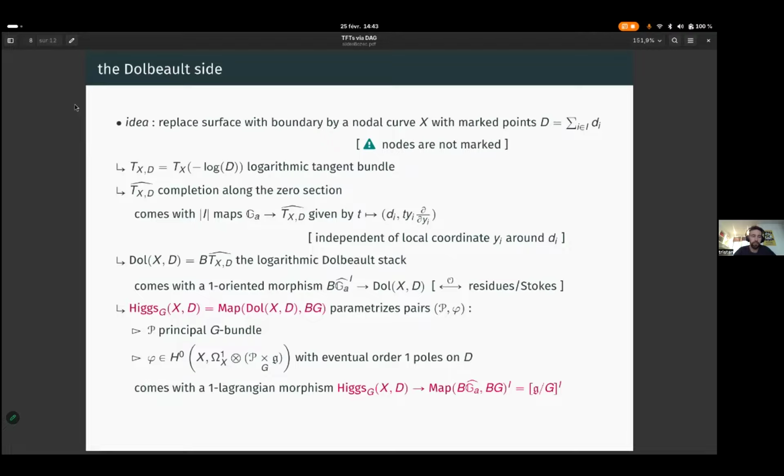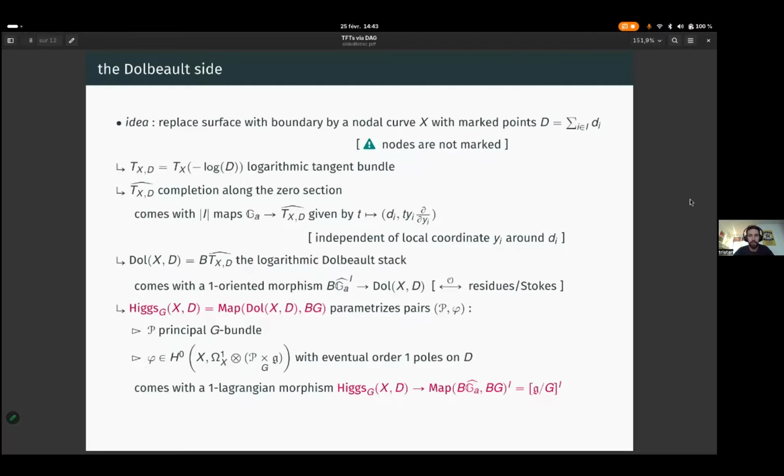The idea is that we will first not work with topological spaces, but go into algebraic geometry. We have to work over nodal curves, and what's going to replace the boundary of our topological surface are marked points. I have emphasized that the nodes are not marked in this story, so I'm not going to do logarithmic geometry per se.